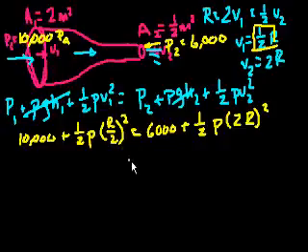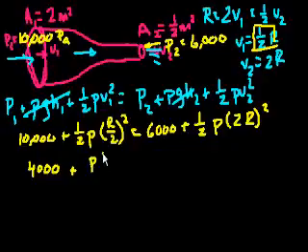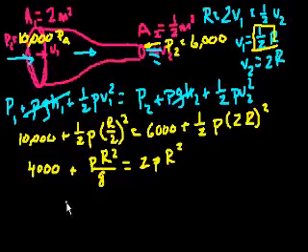Let's do some simplification. Let's subtract 6,000 from both sides, and we're left with 4,000 plus rho R squared over 4 times 1/2, so it's over 8, is equal to 1/2 times R squared times 4, so this is 2 rho R squared.